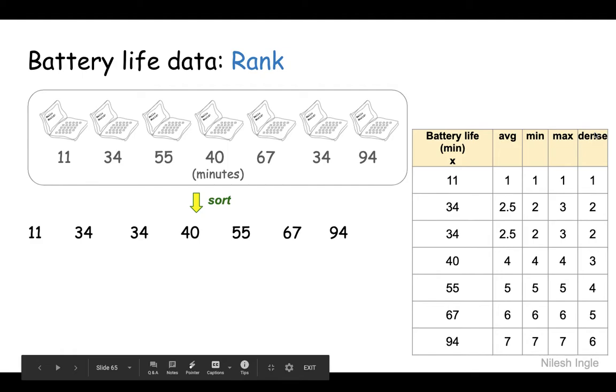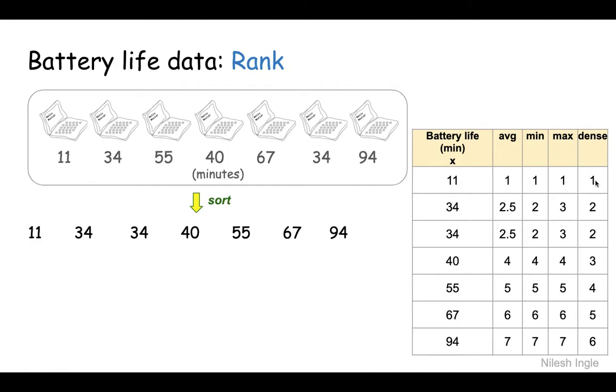The dense rank, on the other hand, works differently. Here we start at 1 for 11. Now for the 34s, although they could have had values of 2 and 3, we assign a value of 2 to both of them, and then we do not skip the rank 3.